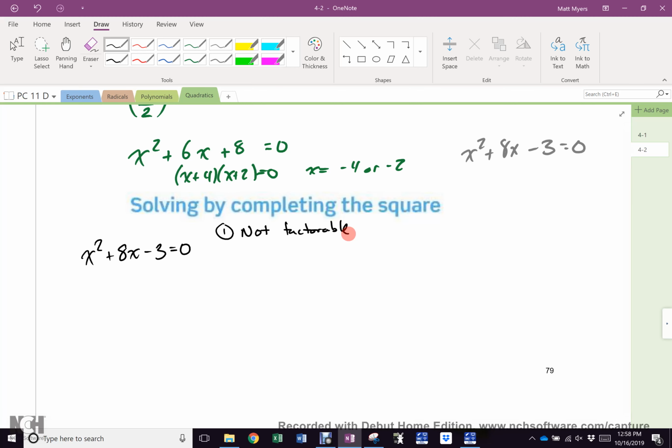But let's have a look at this situation. Can I move this over here? I can, can't I? So that gives me x squared plus 8x, and leave a space here, equals what? 3. Everybody cool? All right.